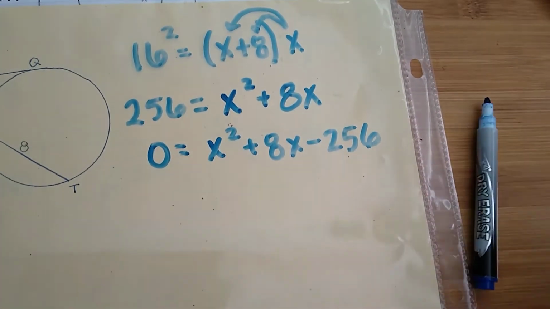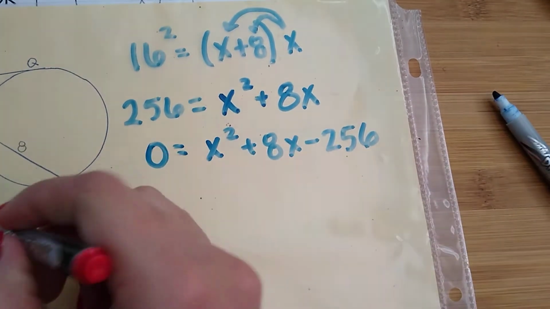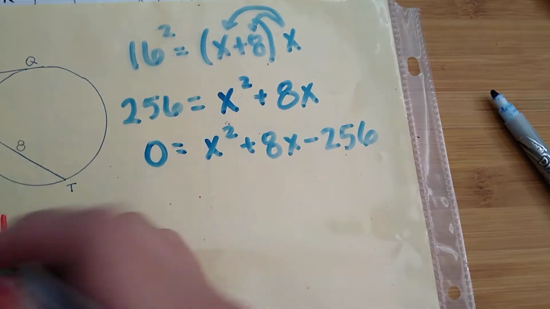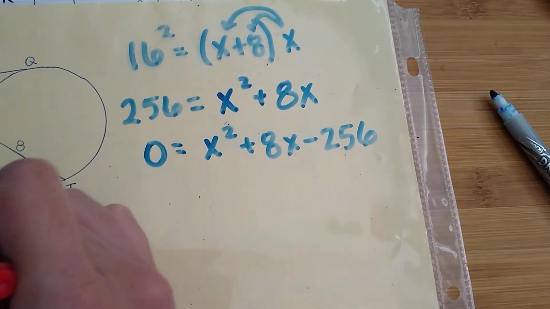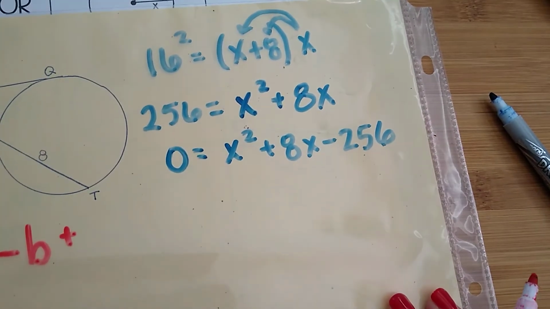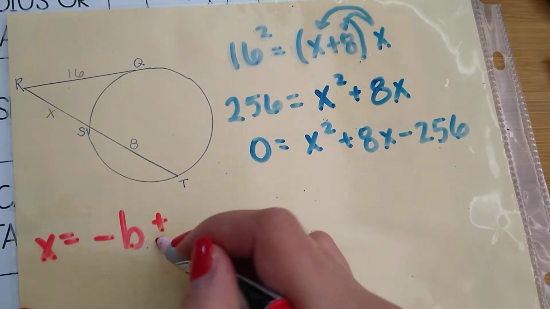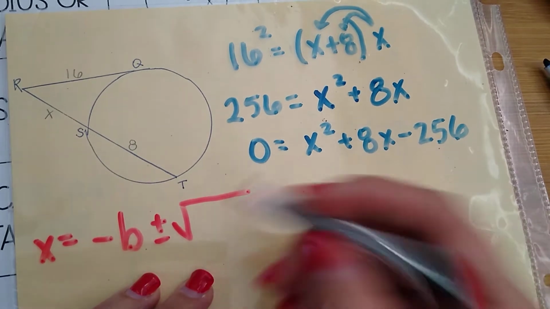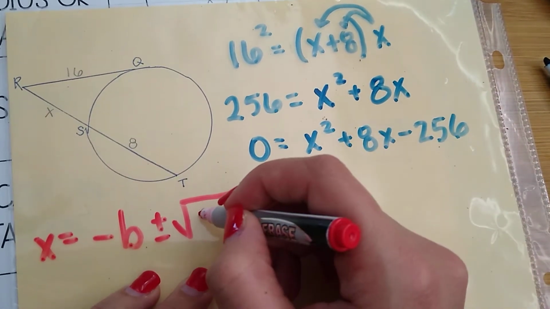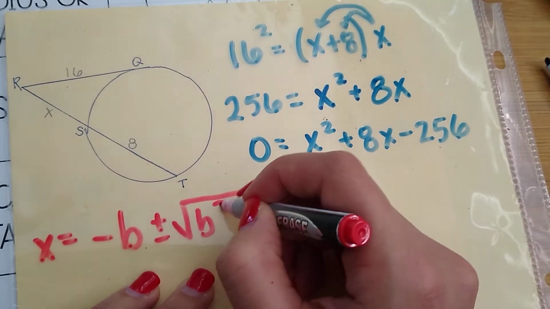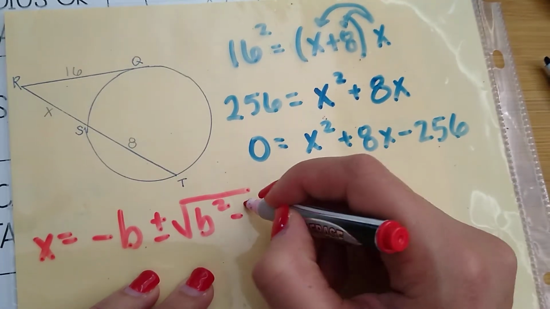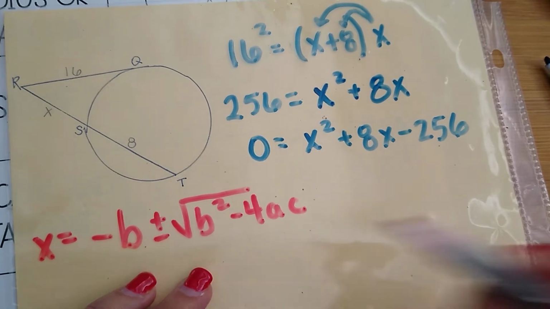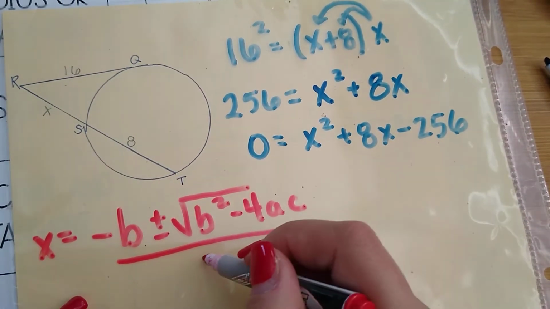And remember, my quadratic formula is x equals negative b plus or minus the square root of b squared minus 4ac, all over 2a.